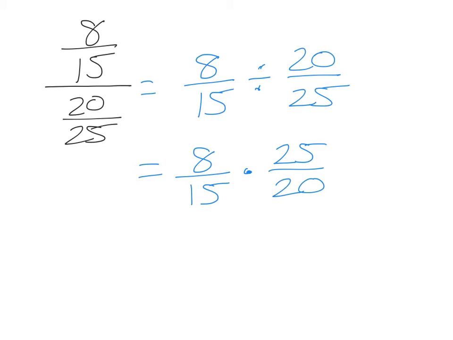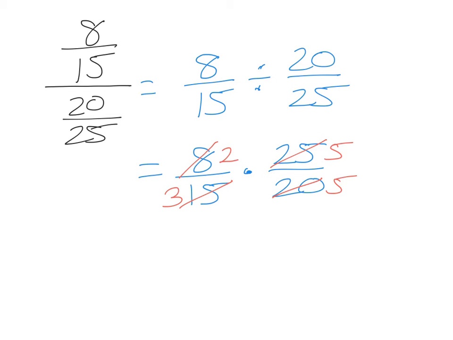Now, can I cross cancel anything? Well, I know that 8 and 20 cross cancel because 4 goes into both of those. 4 goes into 8 2 times, 4 goes into 20 5 times. 15 and 25, 5 goes into 15 3 times, 5 goes into 25 5 times.